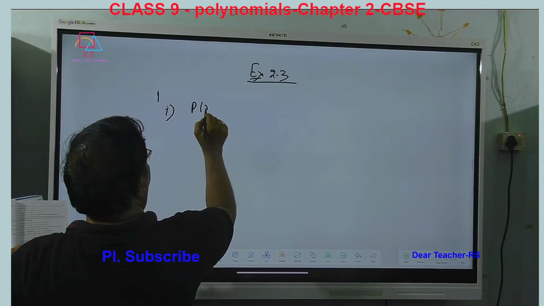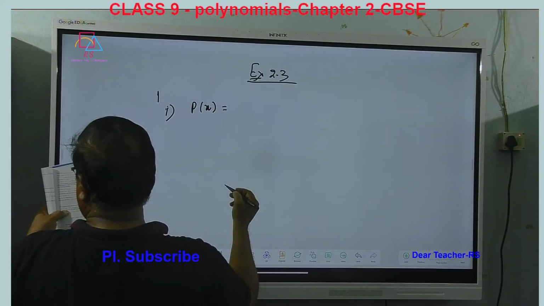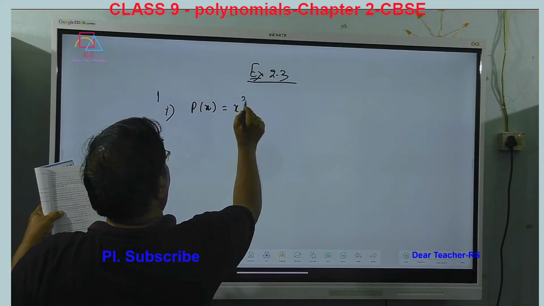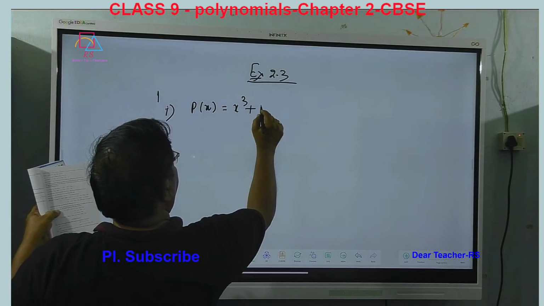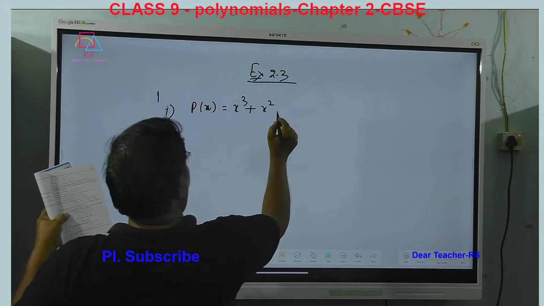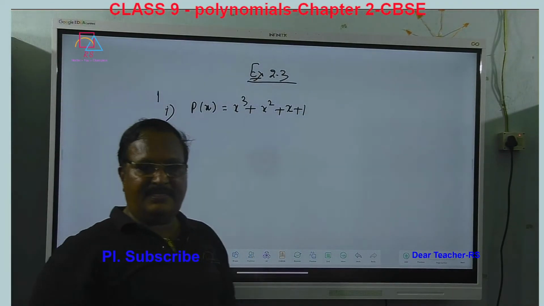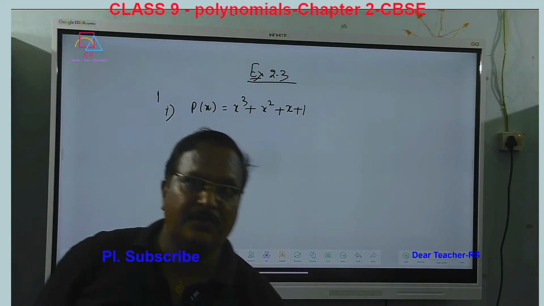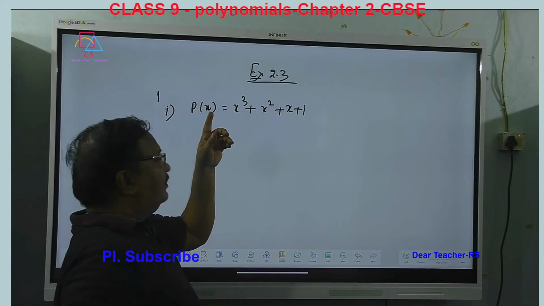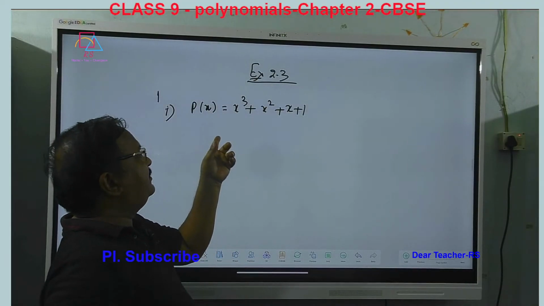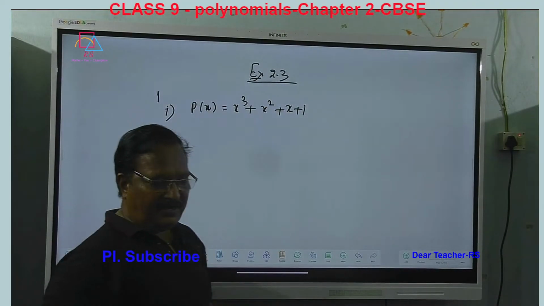P(x) is equal to, he has not given P(x), I am only writing P(x) is equal to x cube plus x square plus x plus 1. This is the polynomial. So you have to check whether x plus 1 is a factor of this or not.